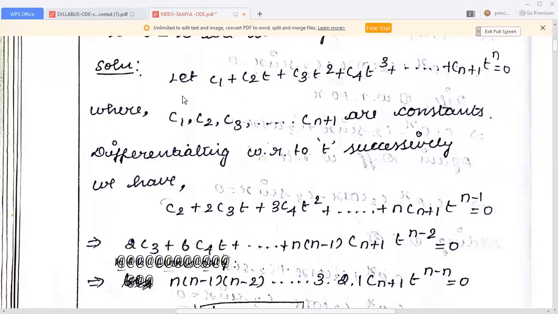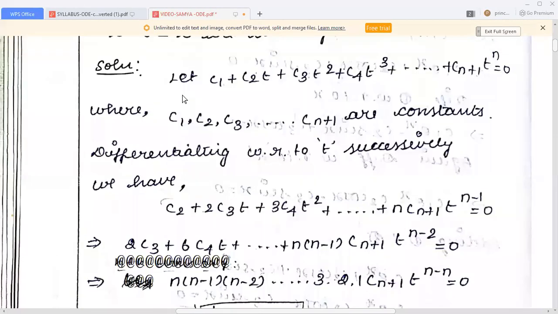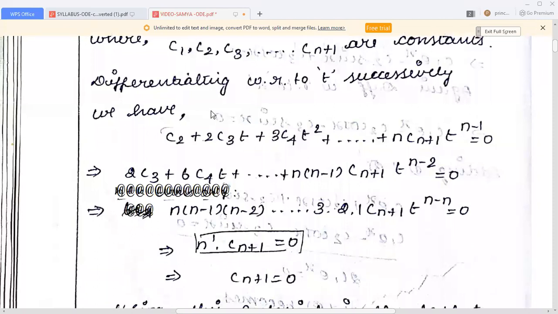Cn plus 1 are constants. Differentiating this with respect to t continuously, we have C2 plus 2C3 into t plus 3 into C4 into t square plus etc. n into Cn plus 1 into t power n minus 1 equal to 0.